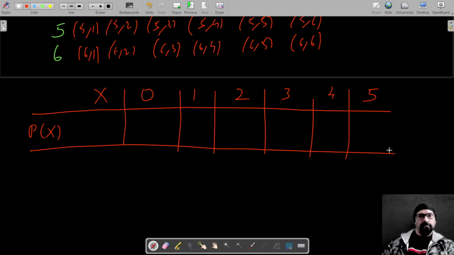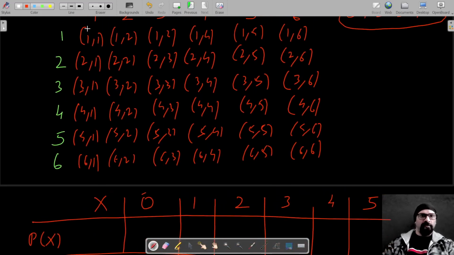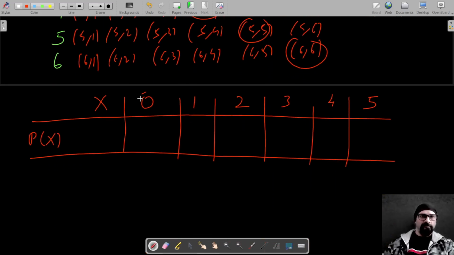Now the total outcomes are 36, and 0 appears when we have doublets. So doublets are 1, 2, 3, 4, 5, and 6. So 6 are the doublets, and this will give us the absolute difference 0. So this is 6 out of 36, which gives me 1 by 6.